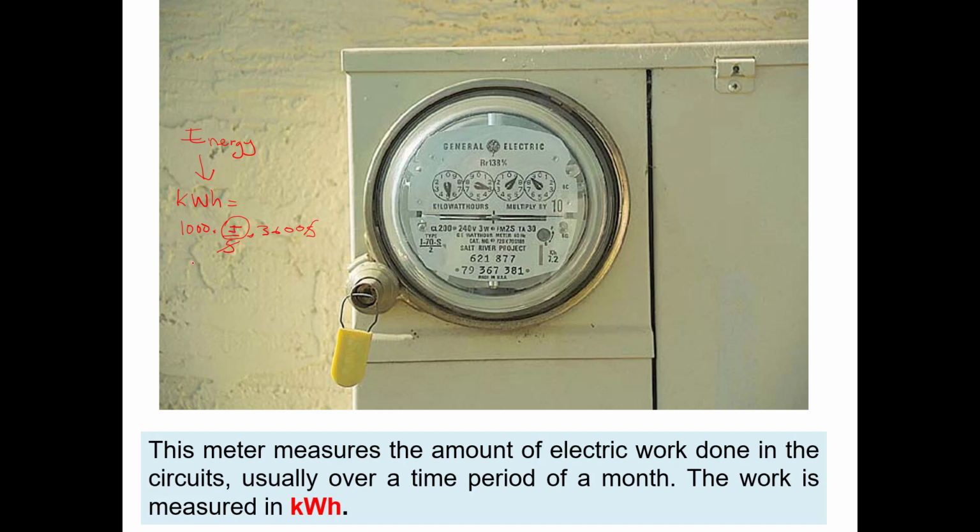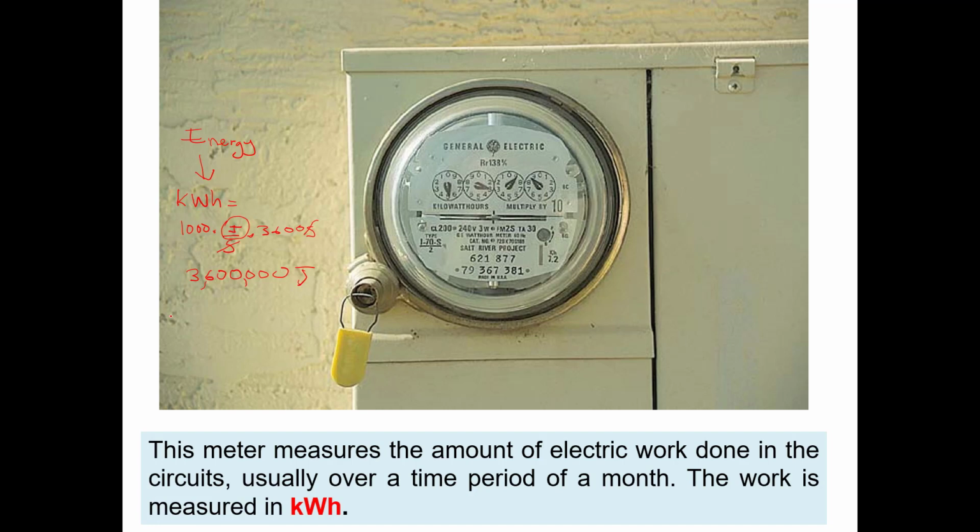If we cancel out the seconds, let's write it first in standard notation. It's 3,600,000, a huge number, joules. And we can write this in scientific notation.